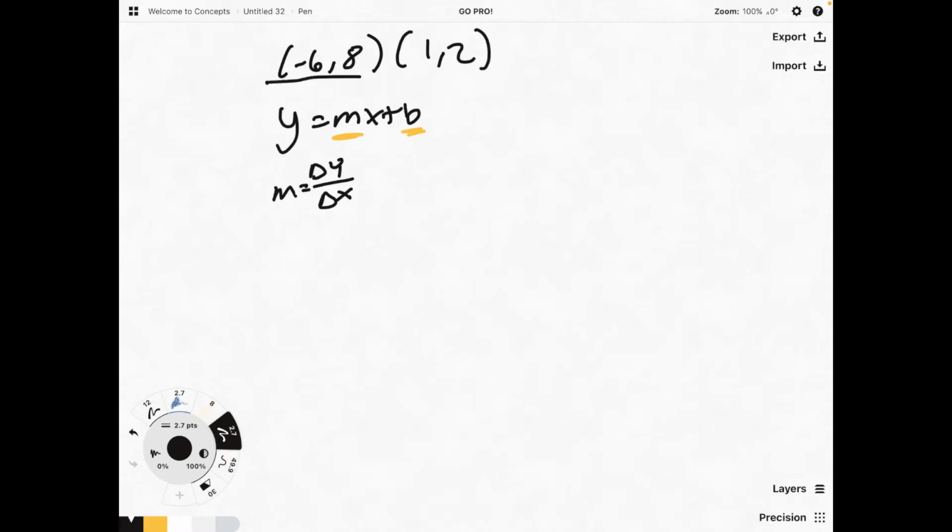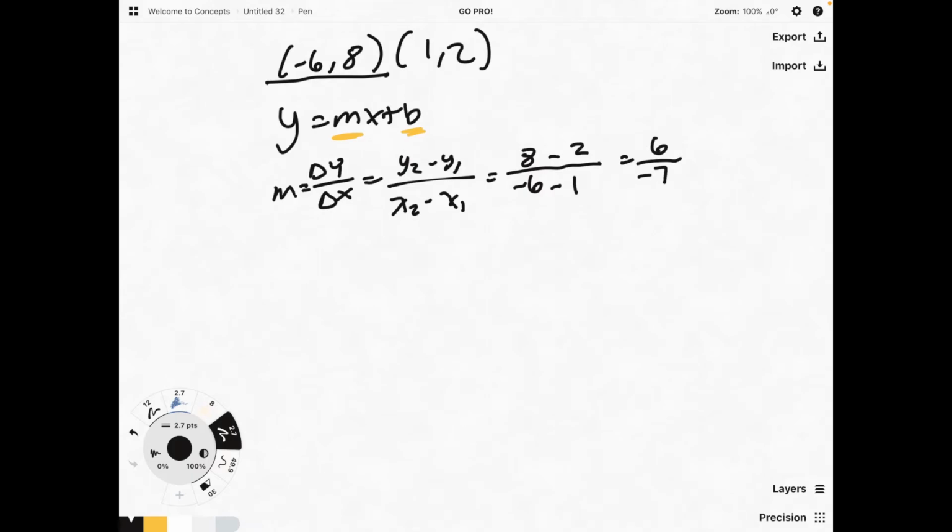Using y2 minus y1 over x2 minus x1, this is equal to 8 minus 2 over -6 minus 1. This is equal to 6 over -7, and this is m.